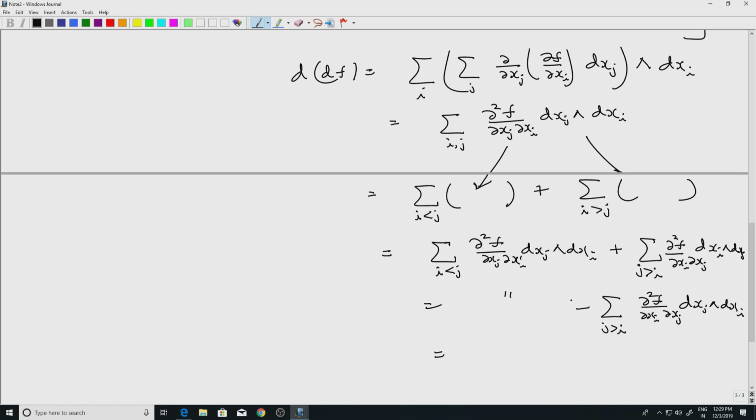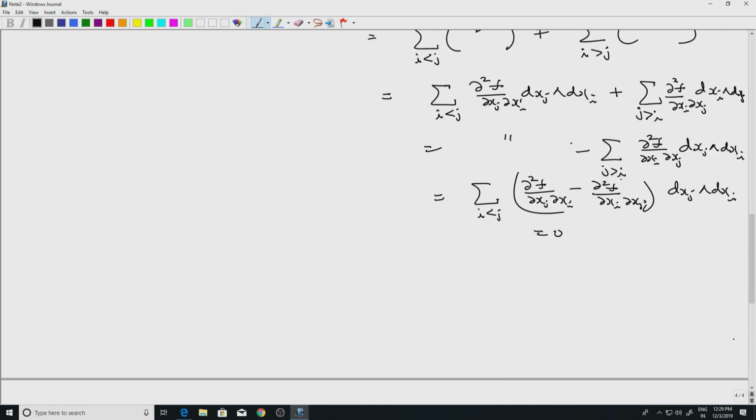I can write it as the sum over i less than j of del squared f by del xj del xi minus del squared f by del xi del xj, times dxj wedge dxi, which is 0 since f is smooth, so its mixed partial derivatives are the same.